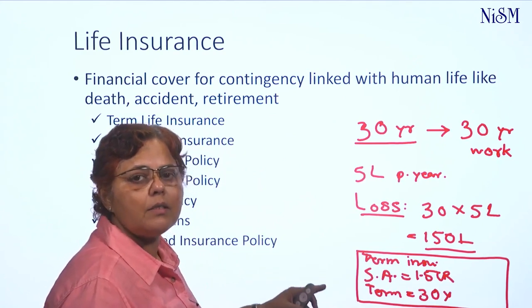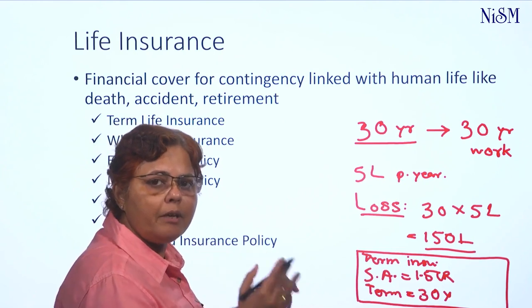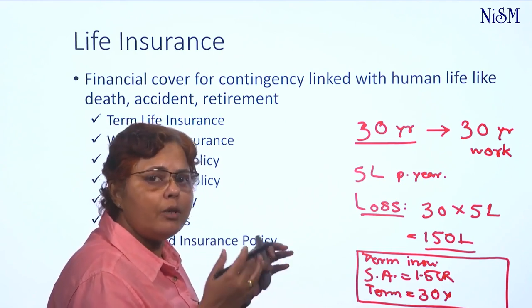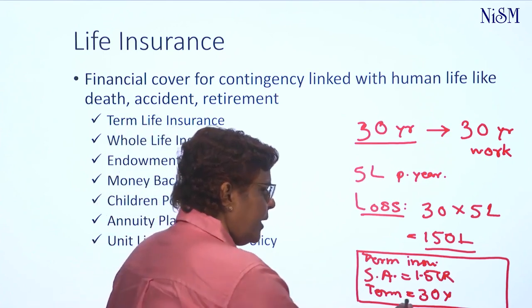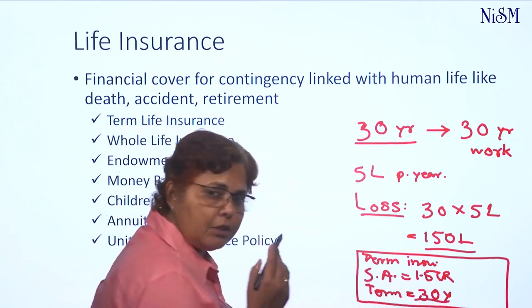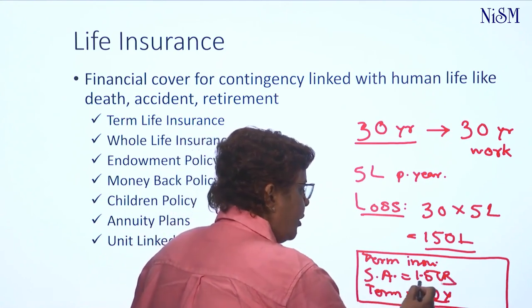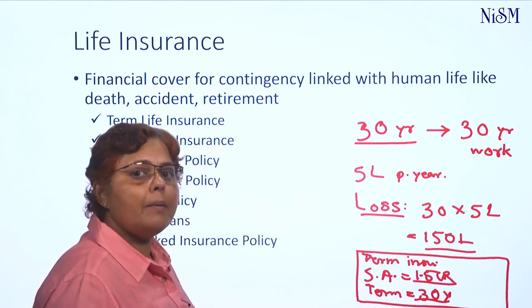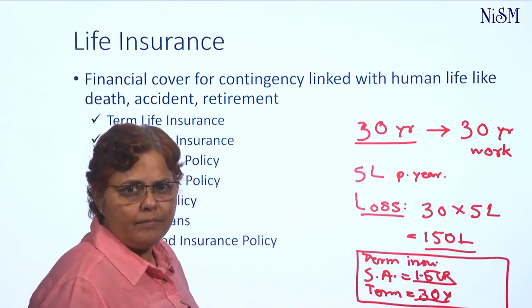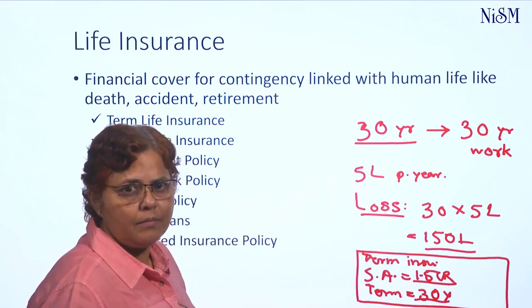Okay, this is how he is going to tell the insurance company. So, the insurance company will give him the life insurance cover. That means, if something happens to him in the next 30 years, his family will get 1.5 crores because of the insurance cover. This is called term life insurance.